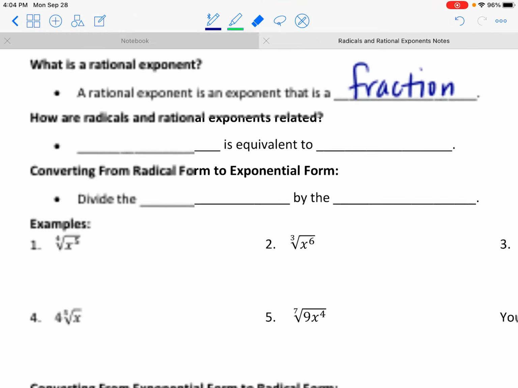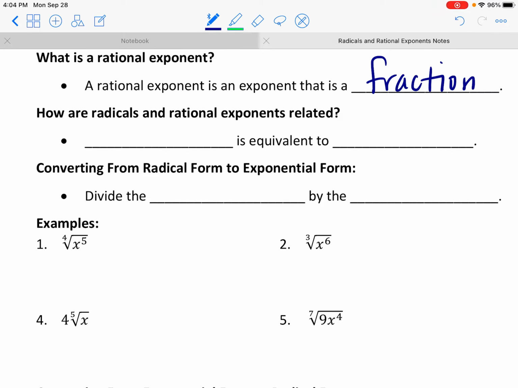If we have the, let's say, the nth root of a to the mth power. Okay, if we have a radical with any index, and then underneath the radical, if the radicand has a power, which it always does, if we don't see it, it's just a 1, that is equivalent to a to the, well, we take the exponent and divide by the index, so it's a to the m over n power.